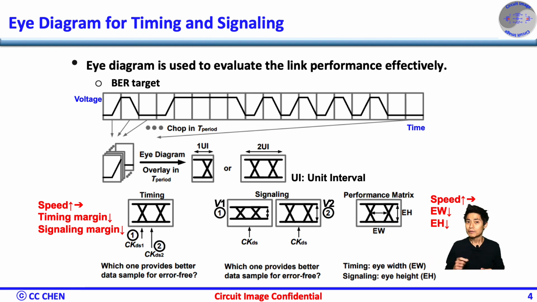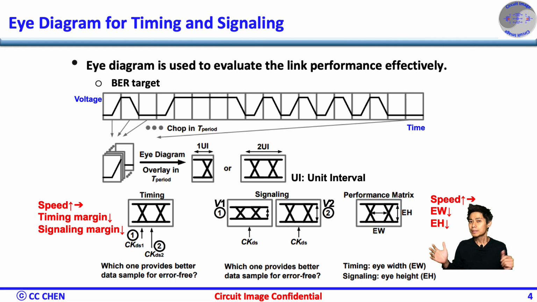Overall, the performance metrics of the eye width and the eye height will be reduced in seconds and millivolts at a high speed. Therefore, we must optimize the sampler to gain high sensitivity as the speed goes up.